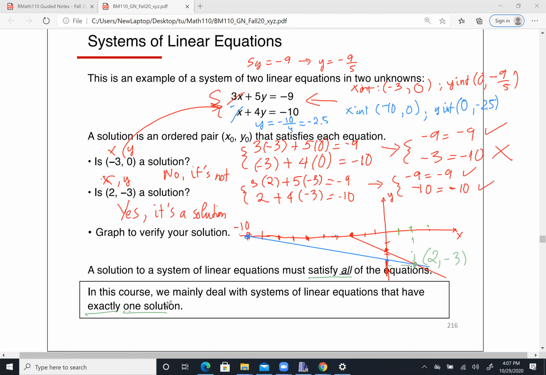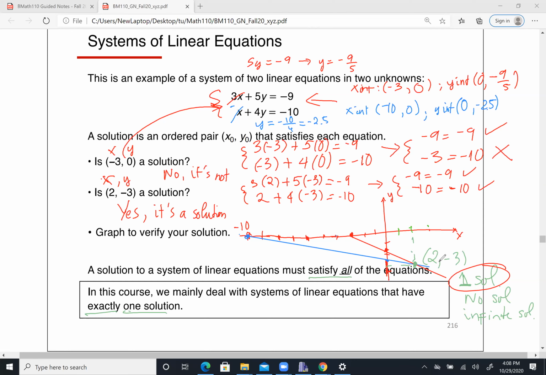It could have 3 cases: one solution only, no solution, and infinite solutions. So mainly in this class, we're gonna talk about the case with one solution or no solution.